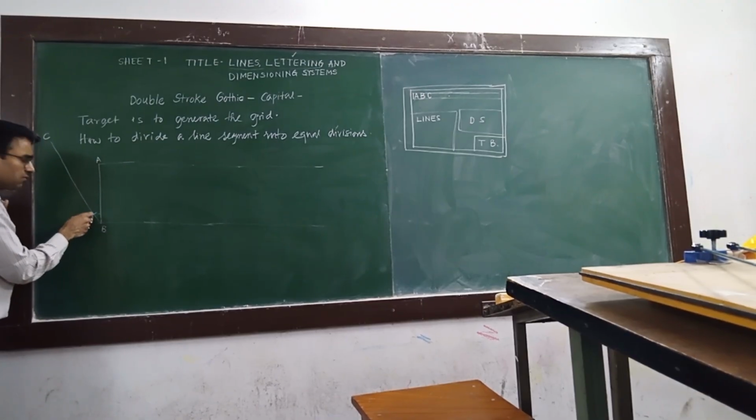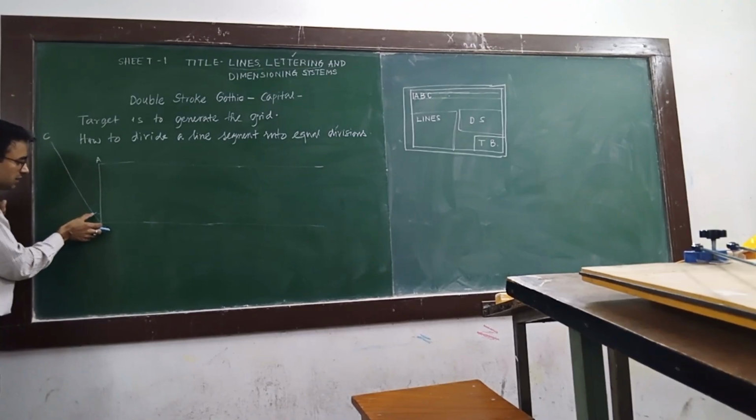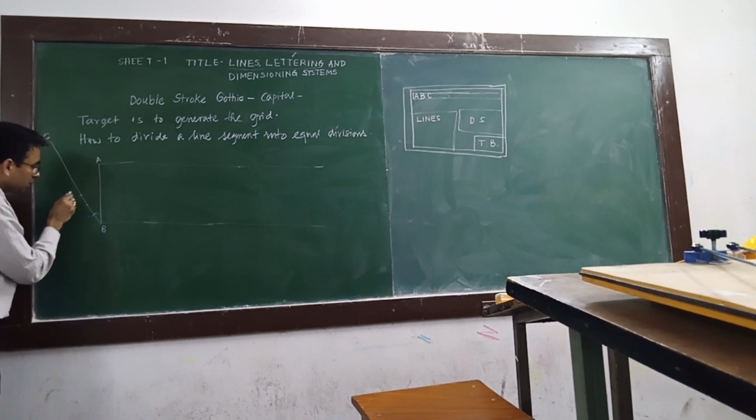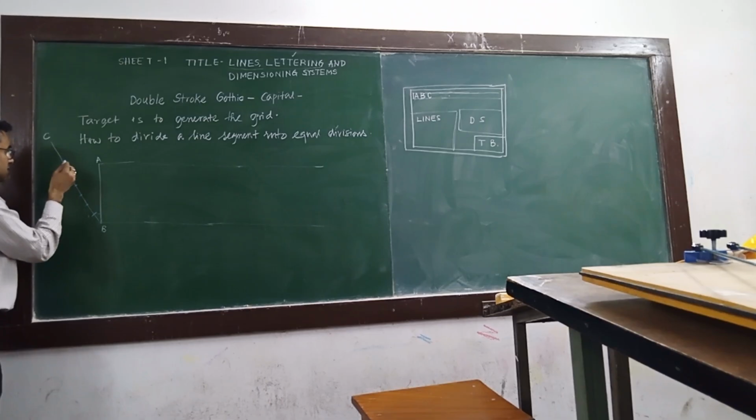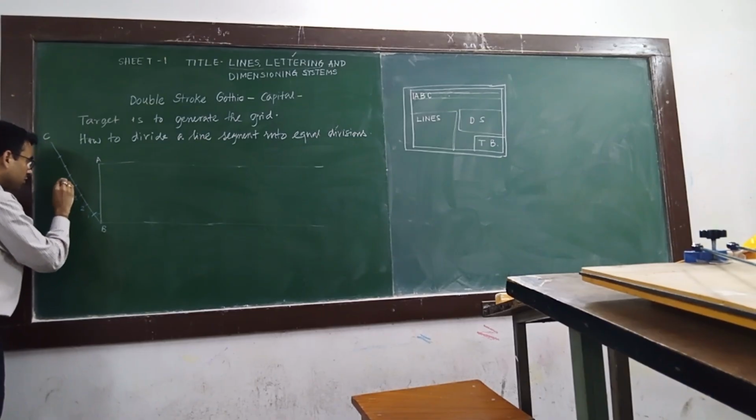So I will take some arbitrary lengths, for example 7, 5, 10, whatever. You need not measure. The only thing to be done is that you have to keep it constant. So from this it is 1, then 2, 3, 4, 5, 6, 7.